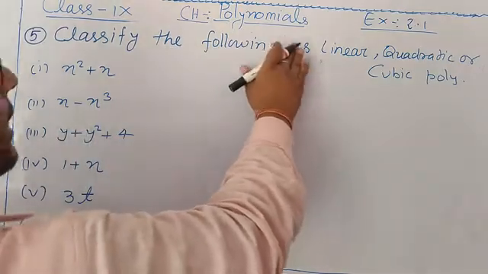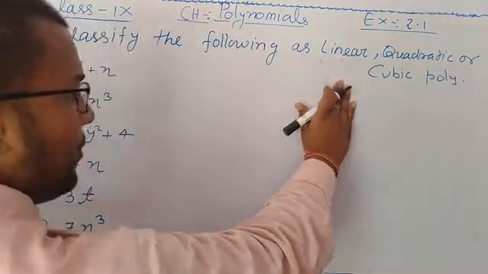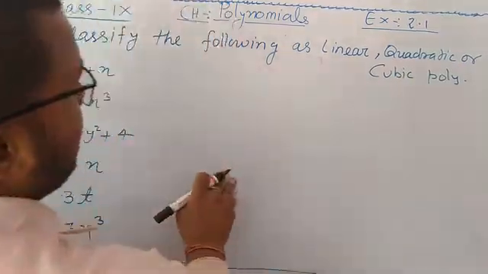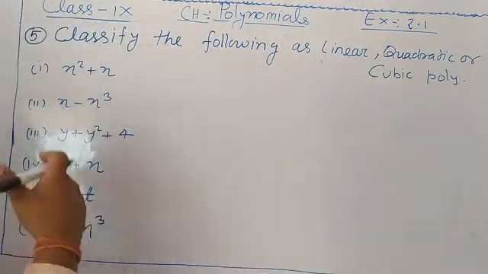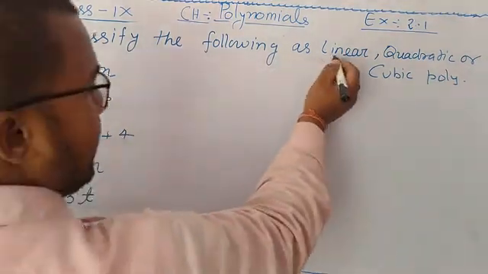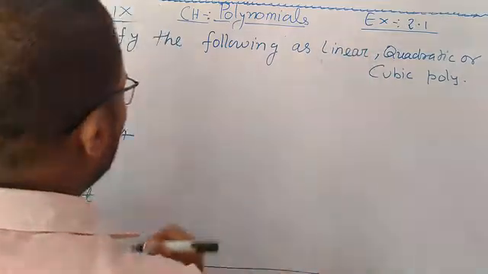Classify the following as linear polynomial, quadratic polynomial, or cubic polynomial. The question asks which polynomial is called linear, quadratic, and cubic.